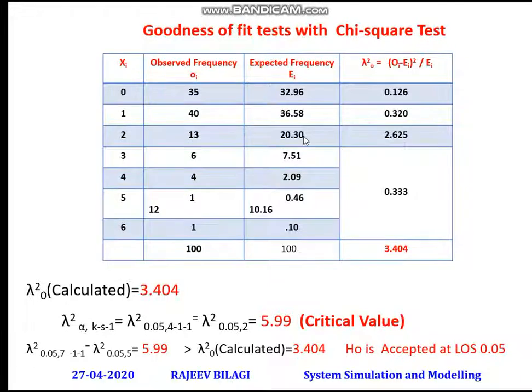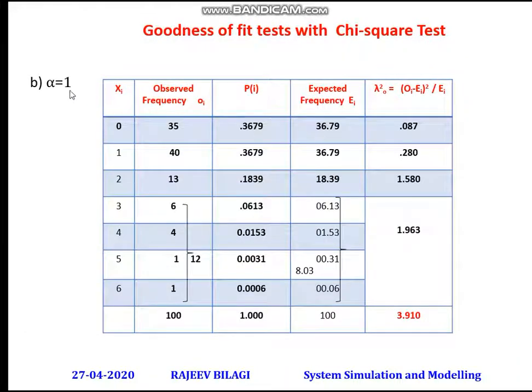Now with alpha equal to 1, here 0.613, 1.53, 0.31006, all these three values are less than 5. I am going to add them with the next adjacent cell. So here 1, 2, 3, 4, I will add all this, and the corresponding observed values will also be added. So now these will be added together as one cell, then second, third, and fourth. There are 4 different cells. That is, the value of k is equal to 4 now.